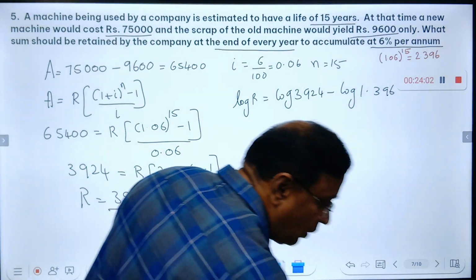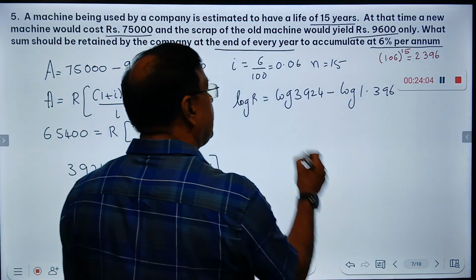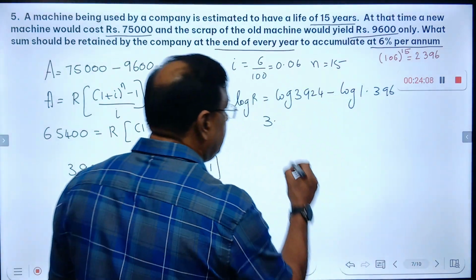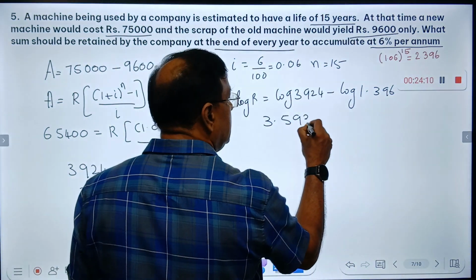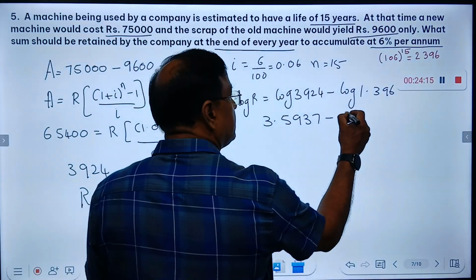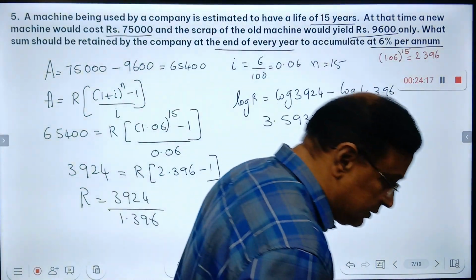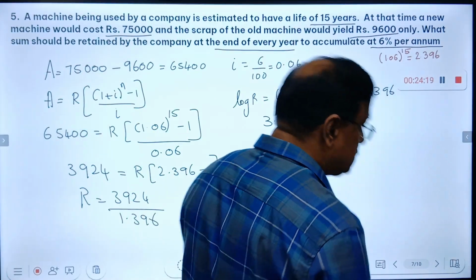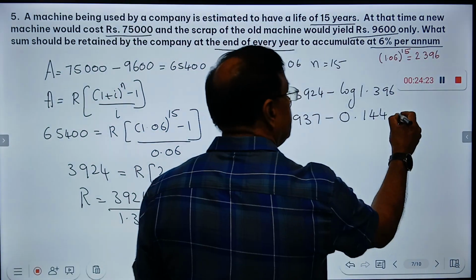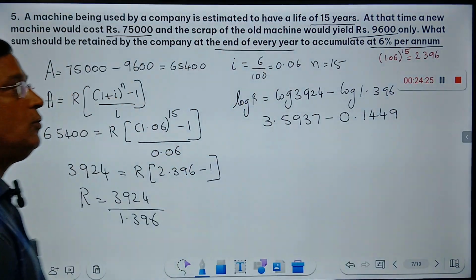Okay. Now, what is log of 3924? Characteristic will be 3 and the log will be 5937. Here, for 1.396, the characteristic must be 0. Look at 1396, the log will be 1449.